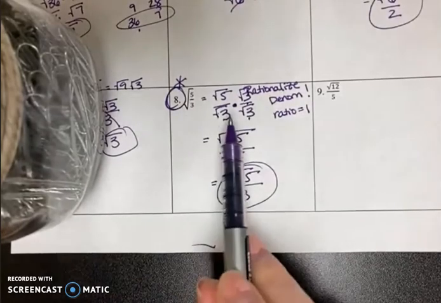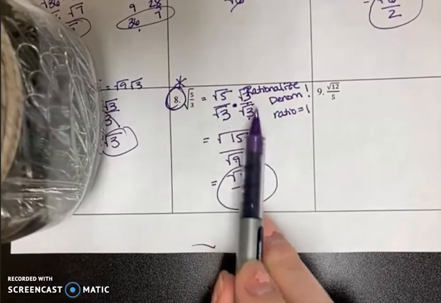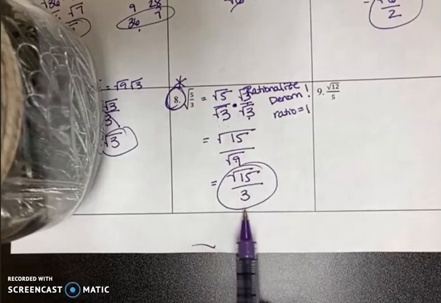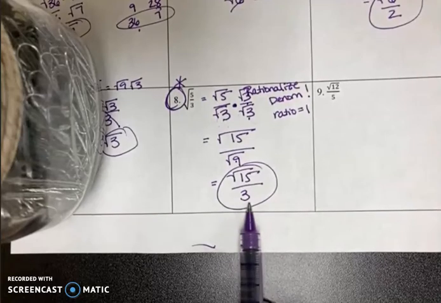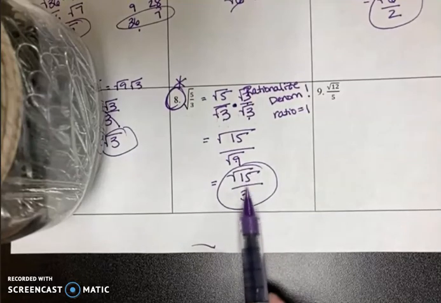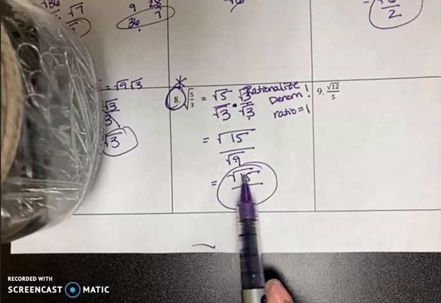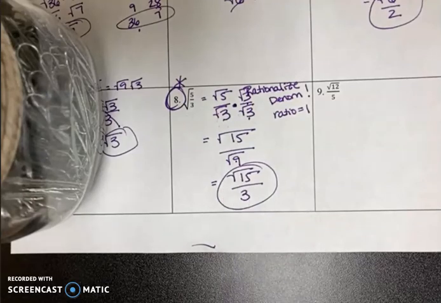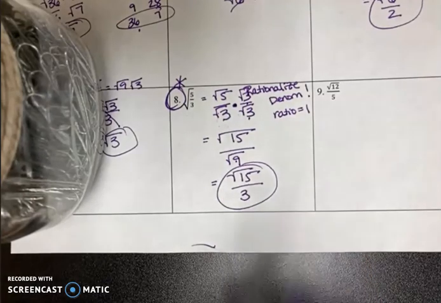So you see how by multiplying by root 3 over root 3, we have now made it so that we have a whole number in the denominator. That's exactly what we want. So that's our final answer. And again, we cannot divide the number underneath the radical with the number in the denominator. Okay? We can only combine the constants, not radicals in the constants. Number 9.